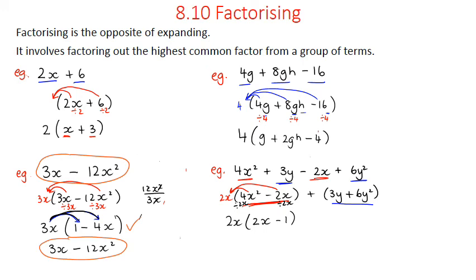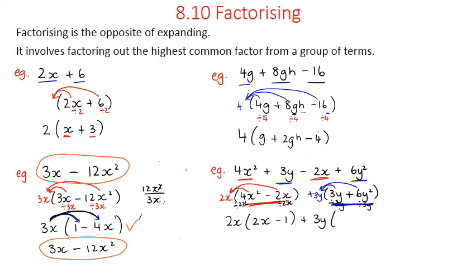And in our second bracket, we've got 3y and 6y squared. So the highest common factor would be 3y. So we're going to bring our 3y out the front, and then we're going to divide by 3y inside.